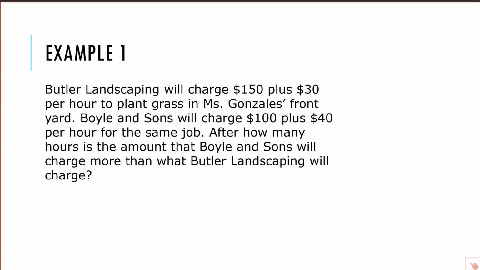Now for this one, you can actually look at your question. If you look at your question, it talks about Boyle and Son will charge more than Butler Landscaping. So the way that you want to word this is exactly how it's on the question. So it says Boyle and Son, so I'm going to write Boyle and Son.